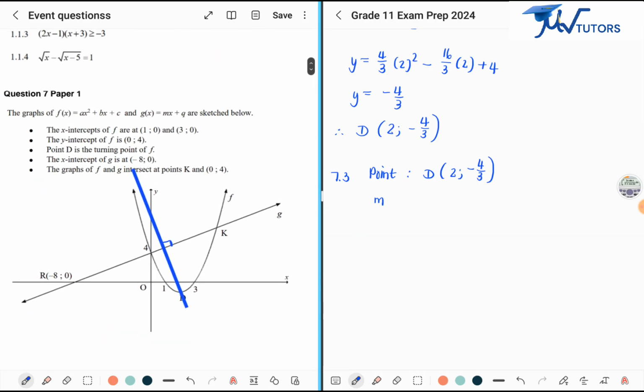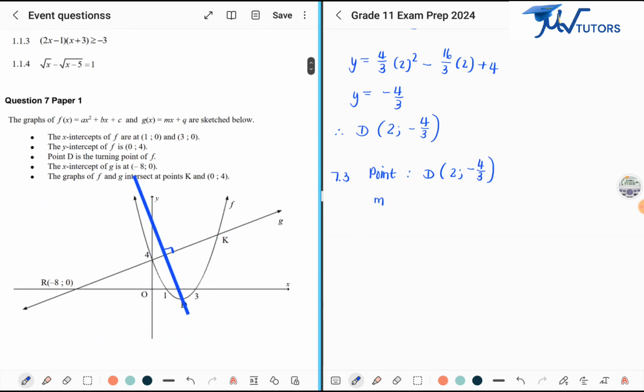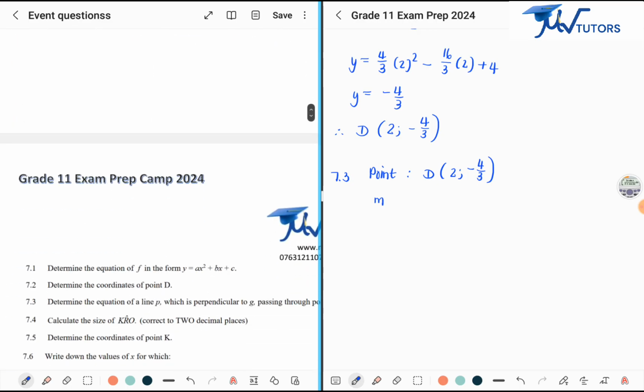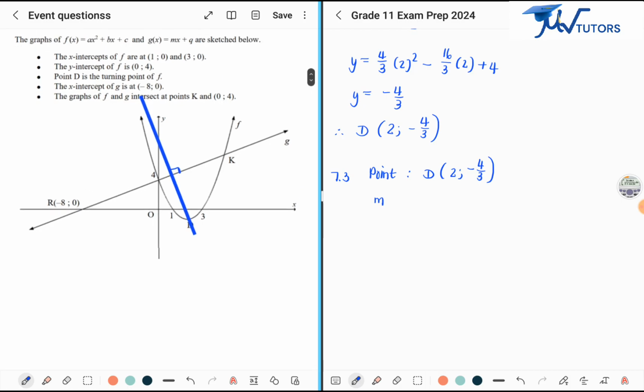Since they said that this line is perpendicular to G, I will have to go get the equation of the line G. Let me just call this, oh, they said it's line P. I know that the gradient of line P times the gradient of G has to give me negative 1.